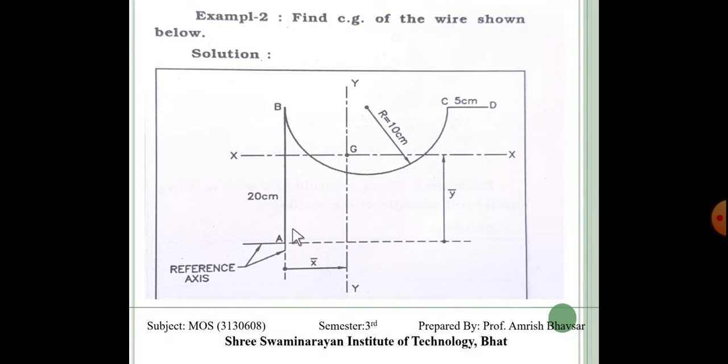Now another example. Find the CG of the wire. Again it's one-dimensional: AB line, BC line and CD line.